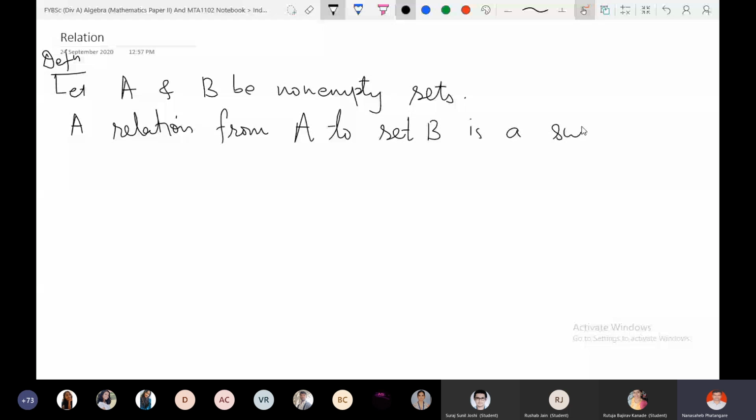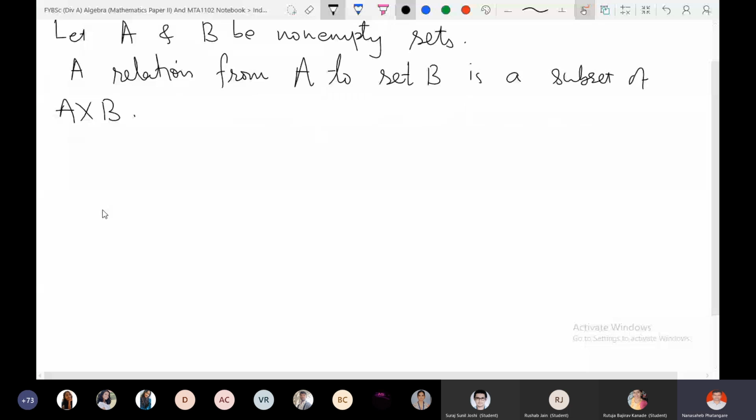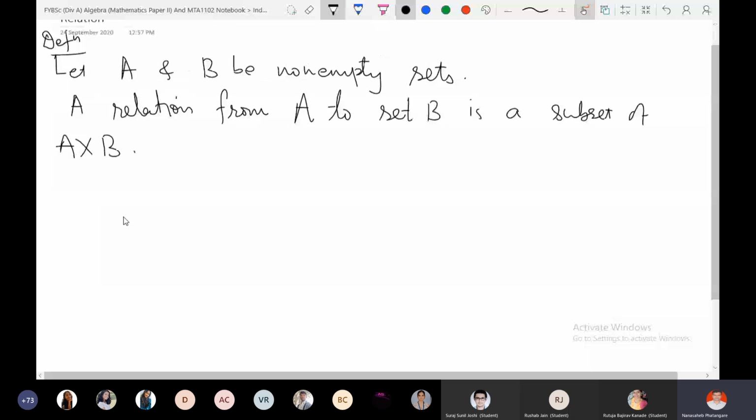So all of you know what is A cross B. It is a set of pairs. So that is the definition I made last time.